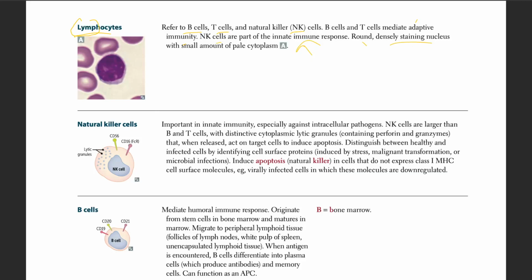They have a round, densely staining nucleus with a small amount of pale cytoplasm. Look, their cytoplasm is very small, and almost the whole cell is nucleus. And these are lymphocytes. Then we have the NK cells coming from here. NK cells are important in innate immunity.